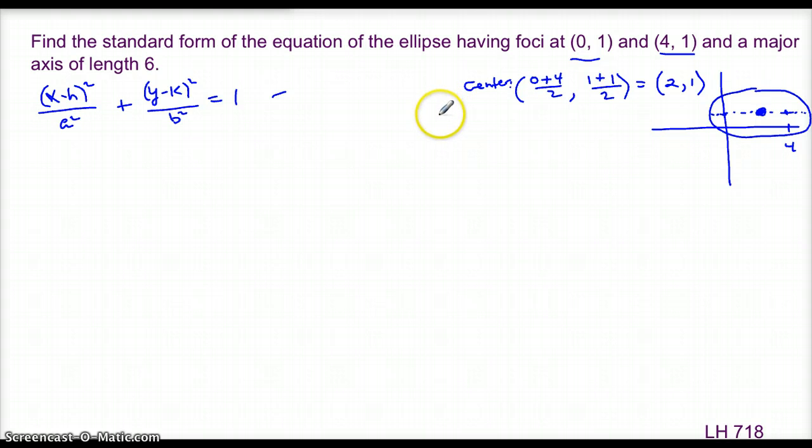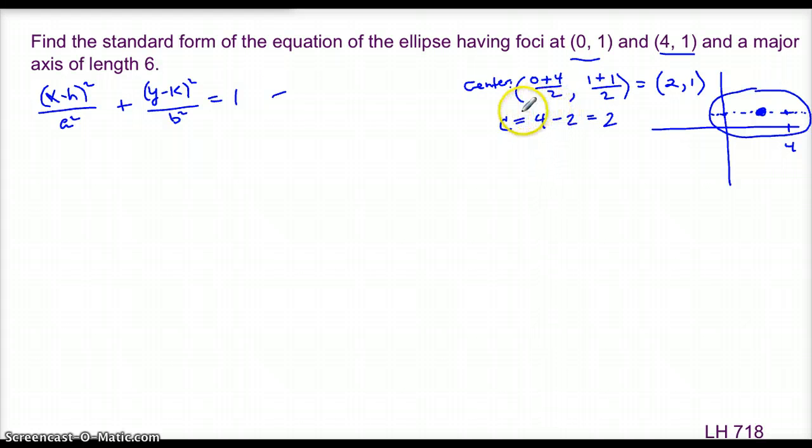So the distance from the center to either of the foci, that is our c value. So from this we could determine that c is equal to, let's pick this point, the x value is 4 minus the x value of the center, which is 2. So our c value is just plain old 2.